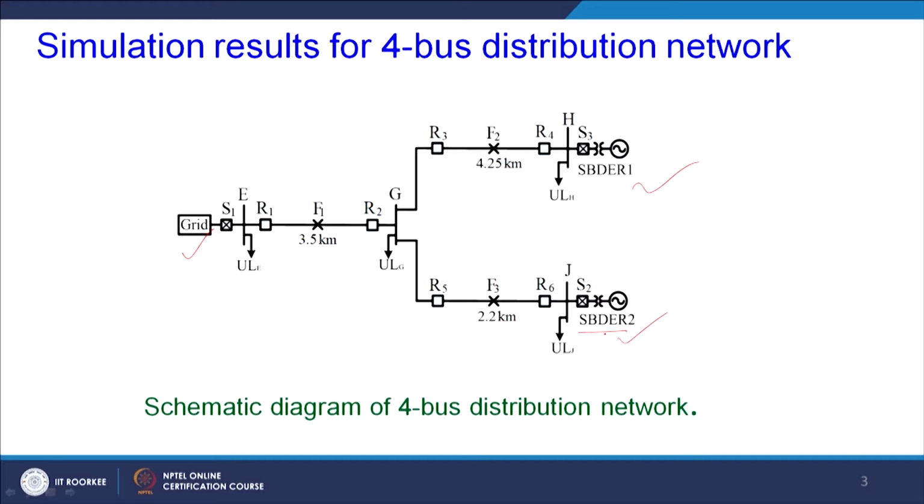We have 3 lines here: line 1, line 2, and line 3. The first line is protected using the 2 relays R1 and R2, the second line using relays R3 and R4, and the third line using R5 and R6. In this proposed technique, all these relays are directional overcurrent relays.